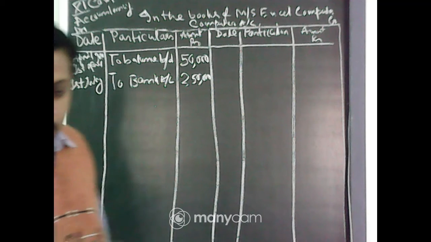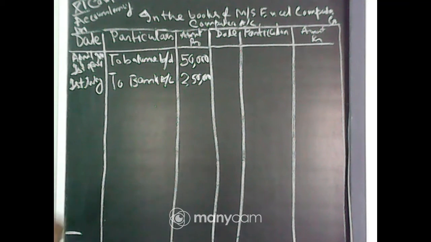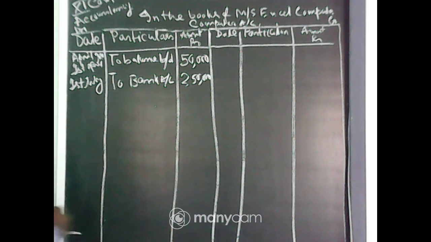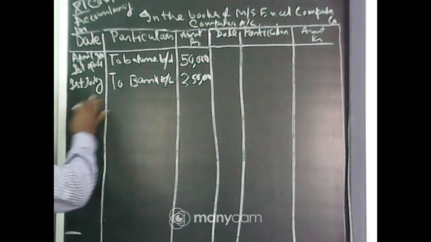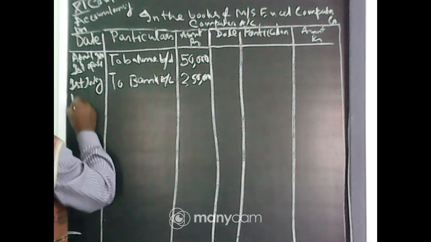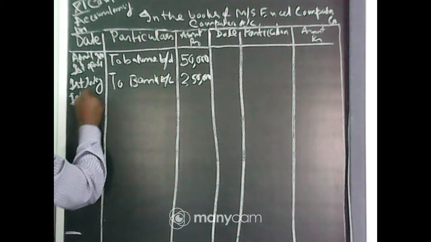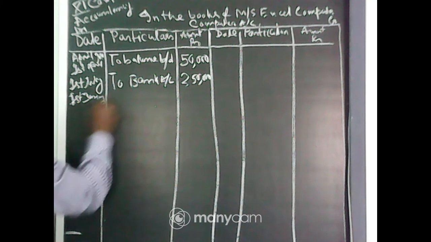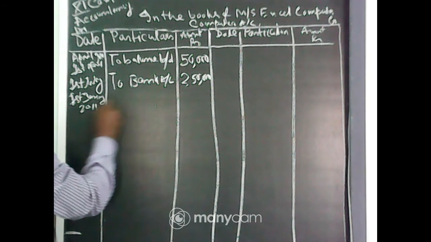Now one more computer they purchased on 1st January 2011, and 1st January 2011 also falls under the 10-11 financial year. So that also comes in here, 1st January 2011.